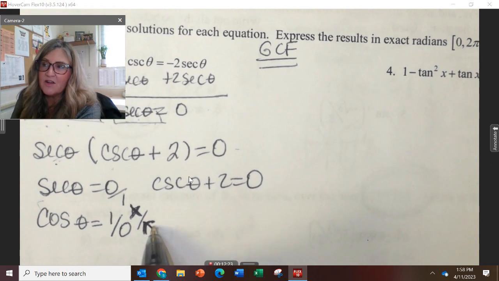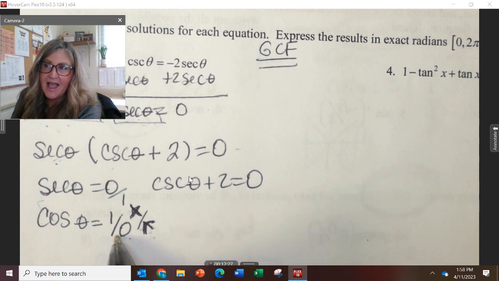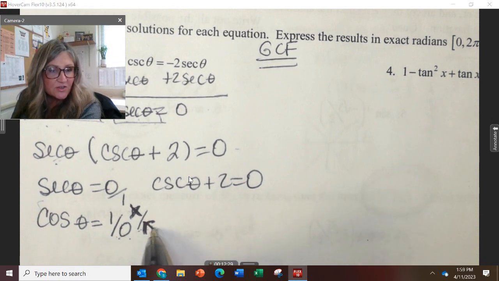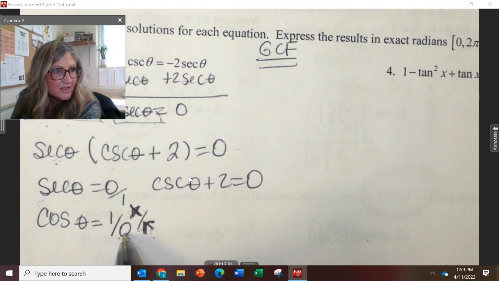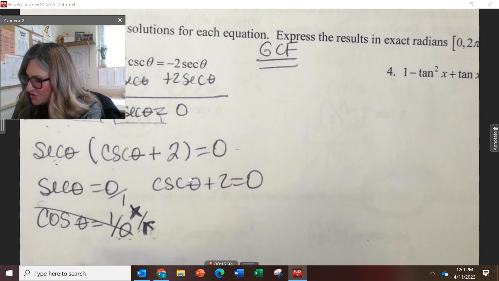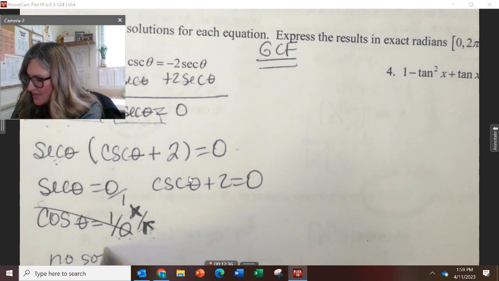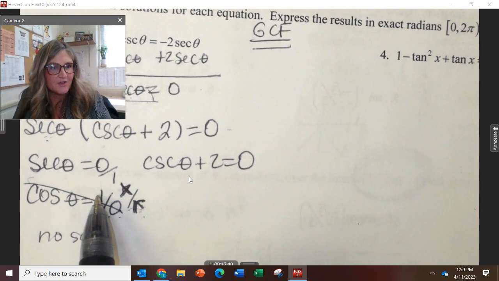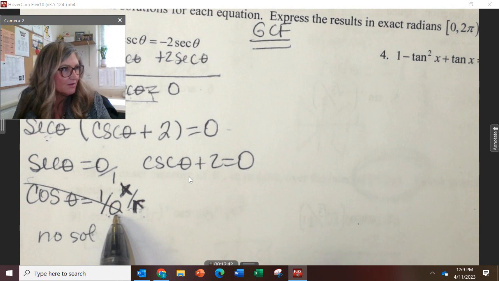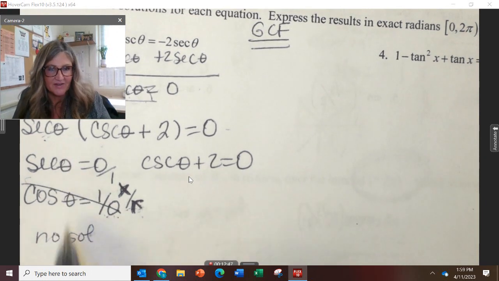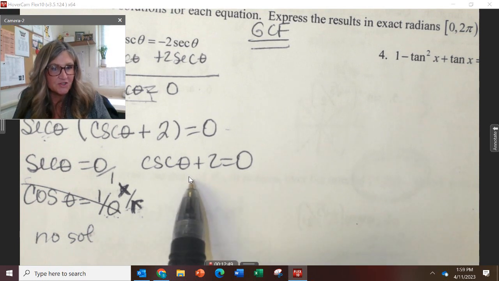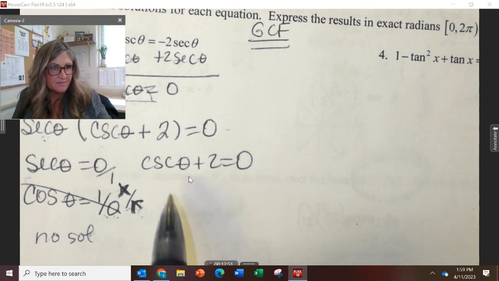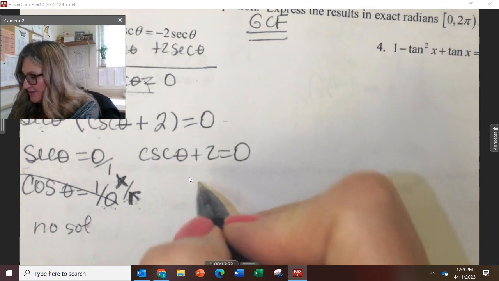What does the radius always have to be on our unit circle? Is the unit circle ever have a radius of 0? So this right here has no solution to this part. This is impossible to have. I can never have a circle where x has a value of 1 and the radius is 0. That's impossible. So this part I don't even have to solve. But I want you guys to solve this part. Keep going with it.